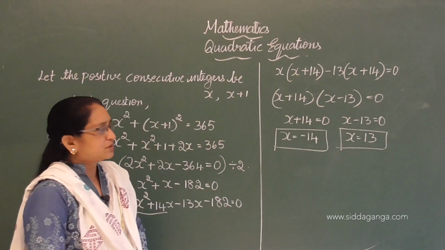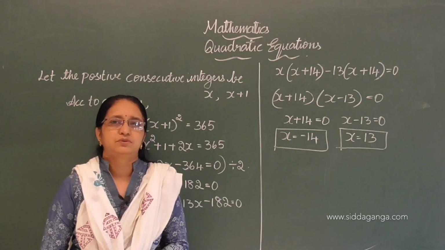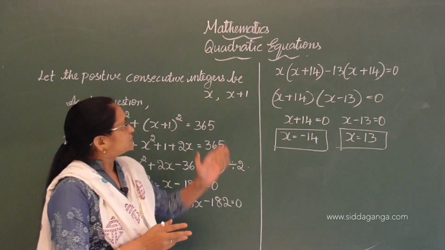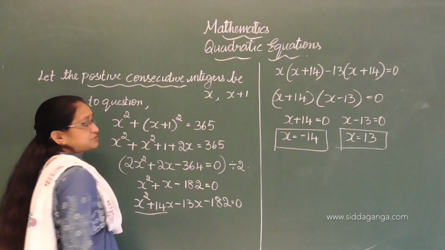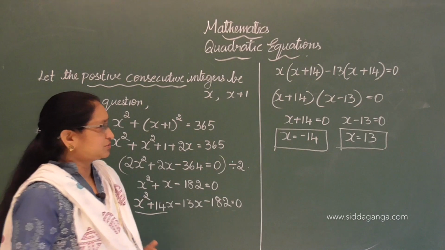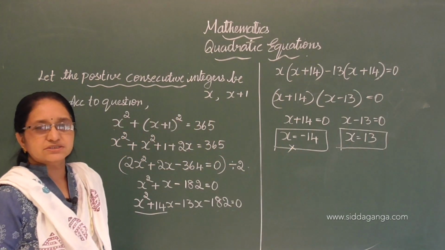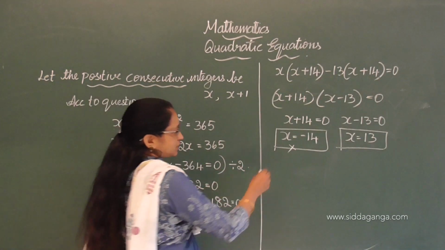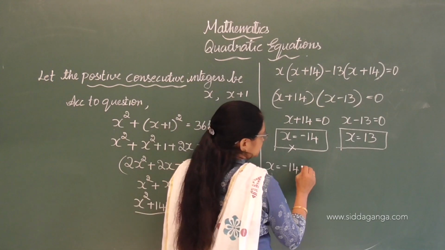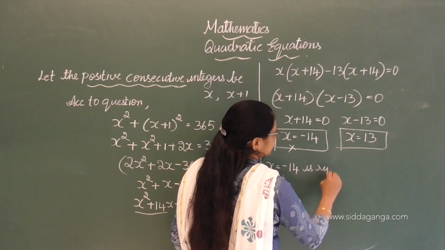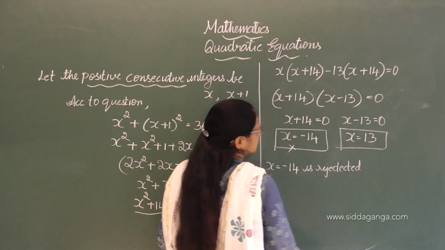Now, you see you got two values, okay, but you have to decide which is the correct value. See, which do you think it is a correct value? According to the question, when we took here, it's a positive consecutive integer, positive. So, definitely this is rejected, okay, because it is a negative term. So, you have to write that. So, x is equal to minus 14 is rejected, okay.